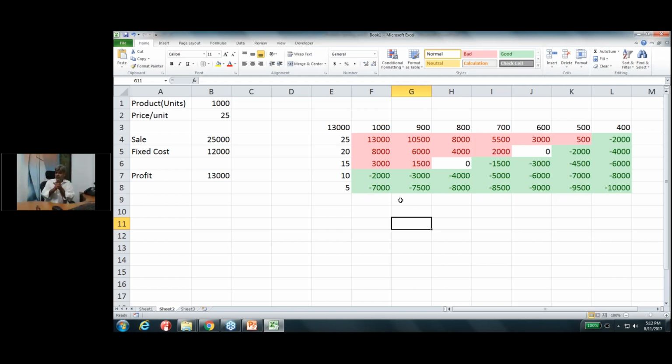We have goal seek for 1 variable. We have data tables for 2 variables. Okay, we may use scenario managers to look into different types of variables as well. But scenario manager is out of scope right now as far as this webinar is concerned.